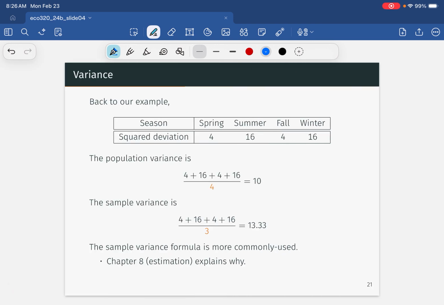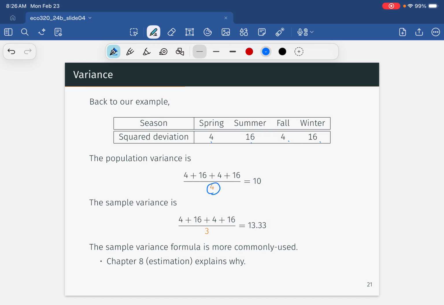If you ask me, for example, in our numerical example, we calculated squared deviations already, and then the final step is to calculate the mean of the squared deviations. But it depends on the formula you use, right?